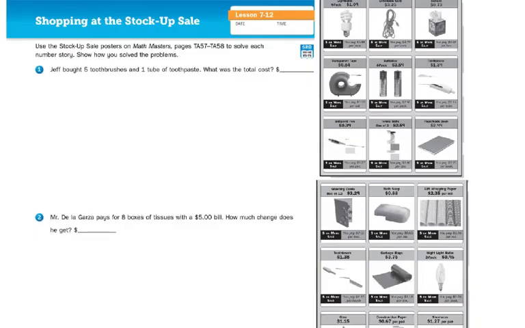All right, let's go ahead and move into our math journal. And we are moving to page 261. Page 261. So 5 toothbrushes.